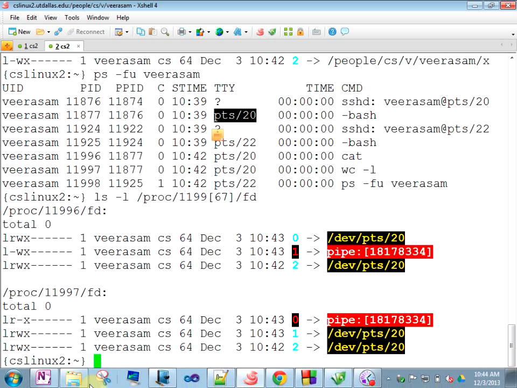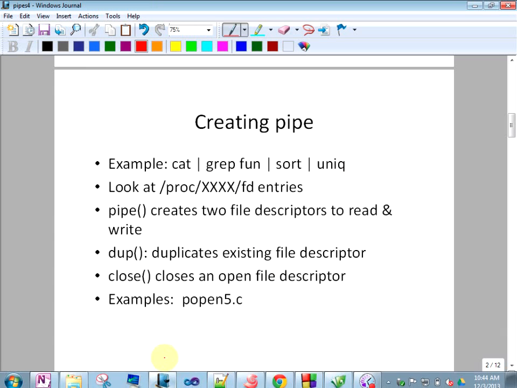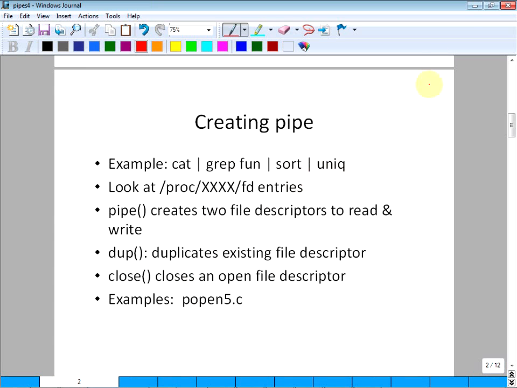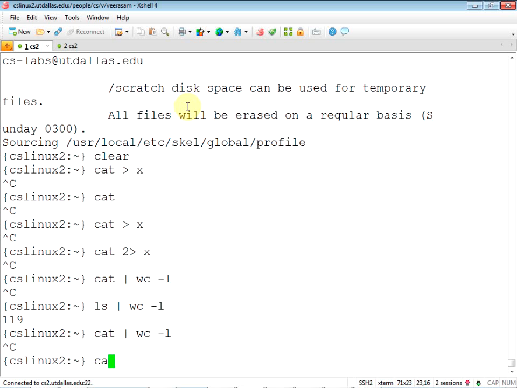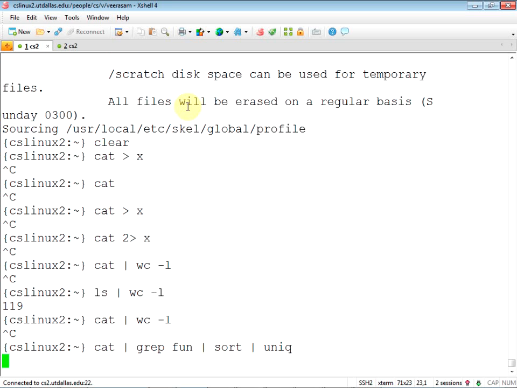Let's do the multi command. cat, grep, sort, uniq. Let's stick to this original one.